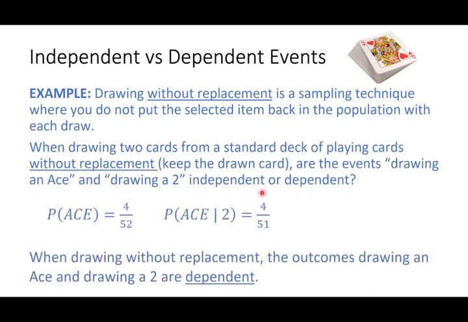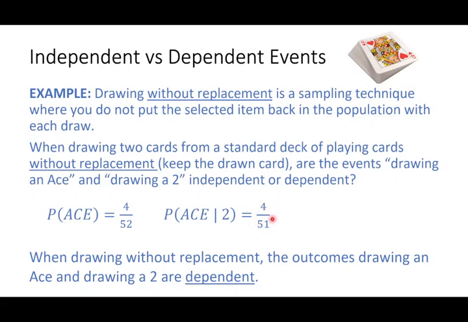So let's calculate the probability of one event. In this case, the probability to get an ace, and it's just 4 out of 52. And then we'll calculate the probability of that same event given the other event already happened. So the probability to draw an ace given that we already drew a 2, that 2 is in our hand. It's not in the deck anymore. The deck only has 51 cards left.